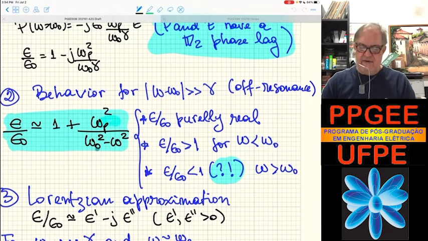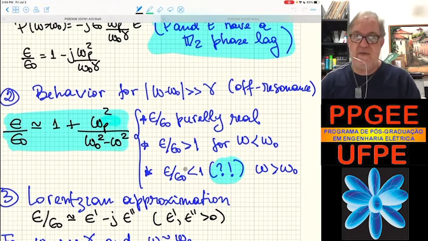However, for omega larger than omega 0, this number is in general for an insulator smaller than 1. In magnitude it is smaller than 1, this is going to be a negative number. So the relative permittivity is smaller than 1, and this is an unusual behavior.